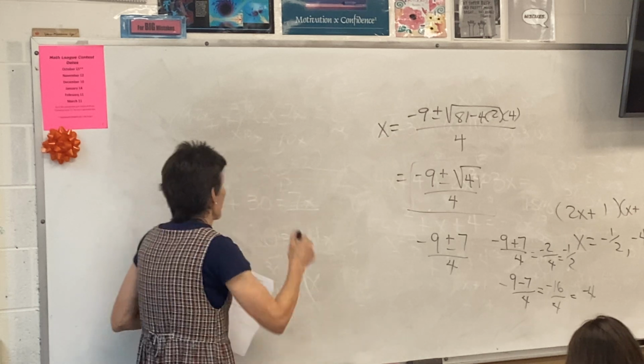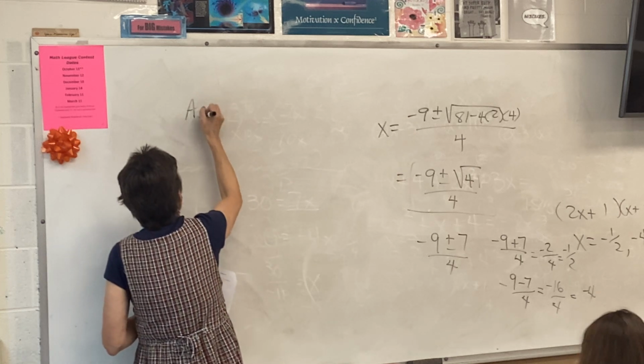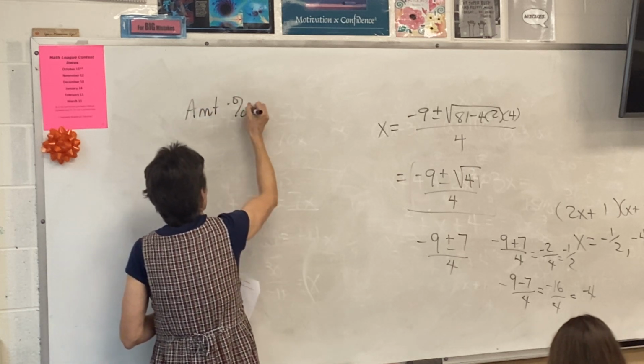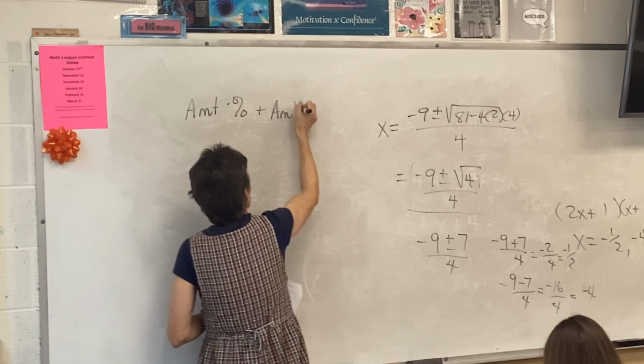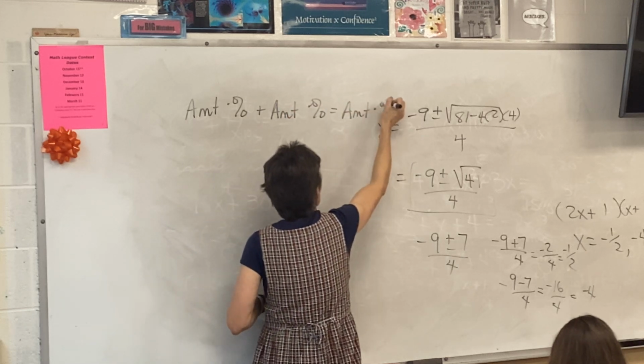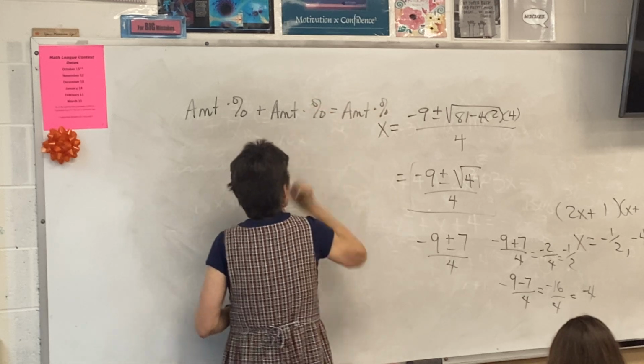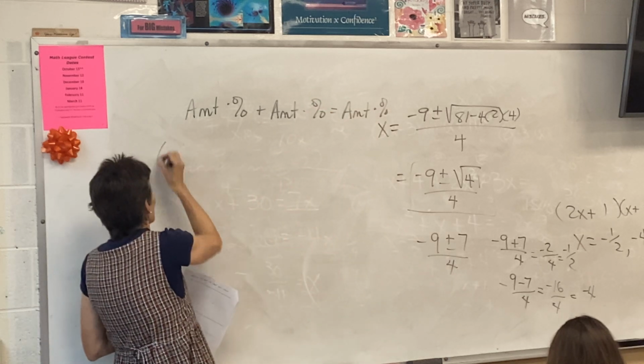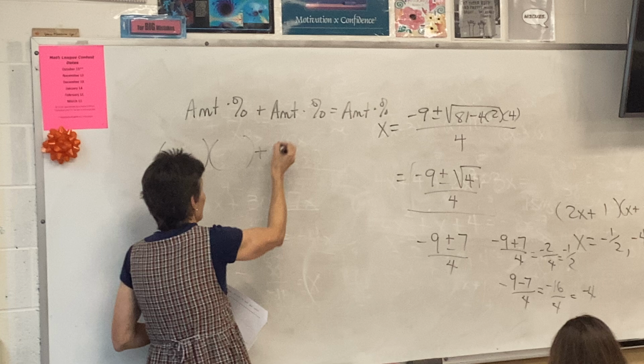Our setup: amount times percent, amount times percent, amount times percent. Good job. All right, so let's fill in what we know.